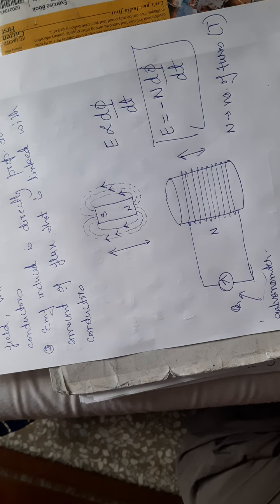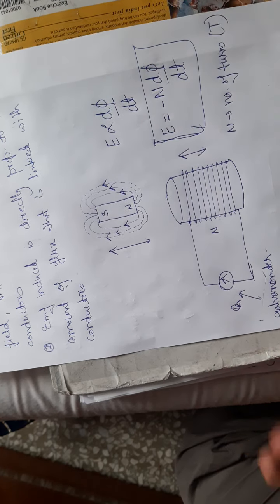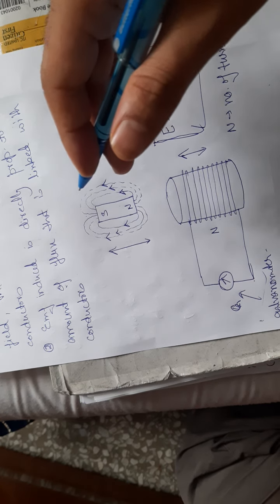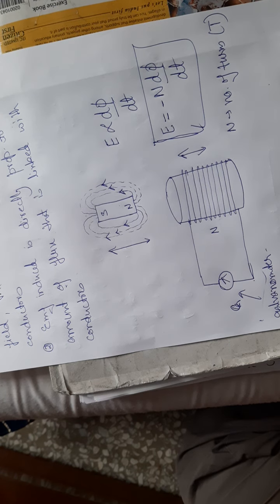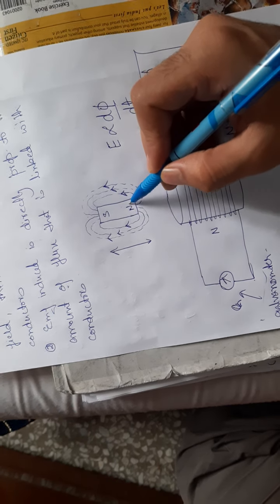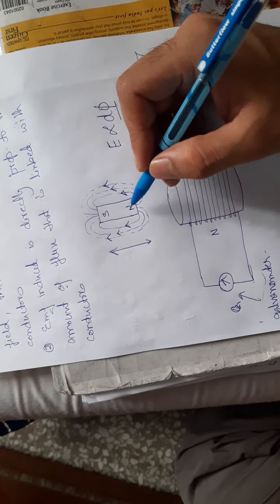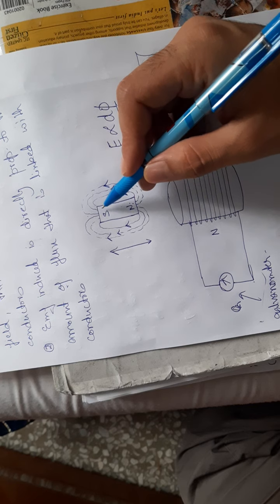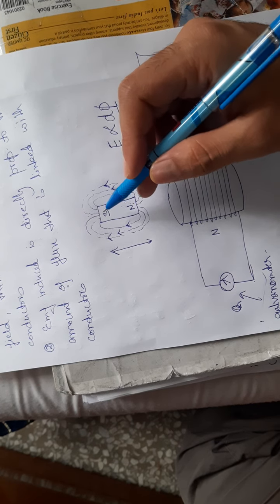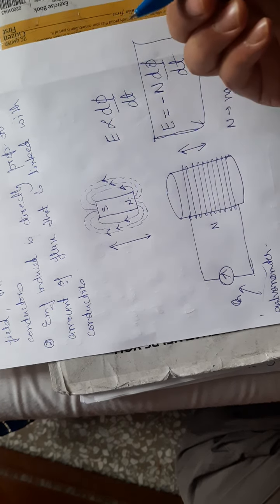This is the working principle of the transformer. But in a transformer, we don't use a bar magnet. There are two ways to produce a changing flux. One way is that you can move the magnet, or another way is that you can use an AC quantity.